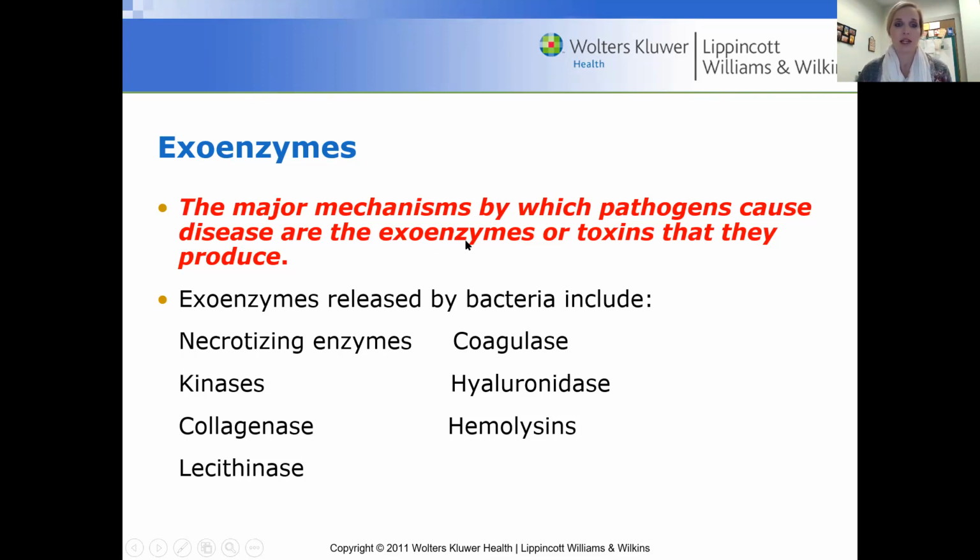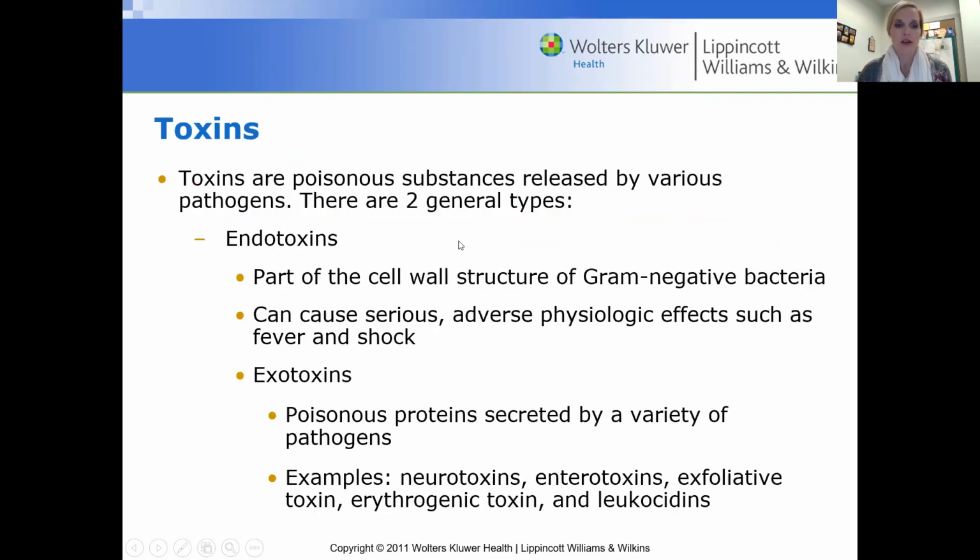So know what an exoenzyme is. And then toxins as well. Let's put them together. Toxins are poisonous substances released by pathogens, typically of different types such as endotoxins and exotoxins, but you don't have to know the difference between the two. Just know that toxins are also something that can be excreted by these pathogens, helping them to cause more damage.